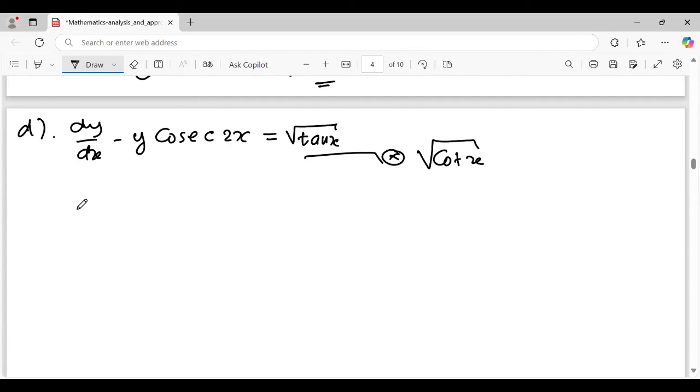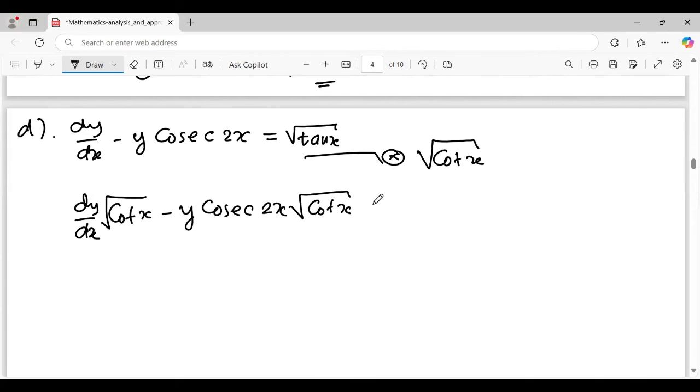So it's going to be dy/dx square root cotangent x minus y cosecant 2x square root cotangent x equals square root tangent x times square root cotangent x.